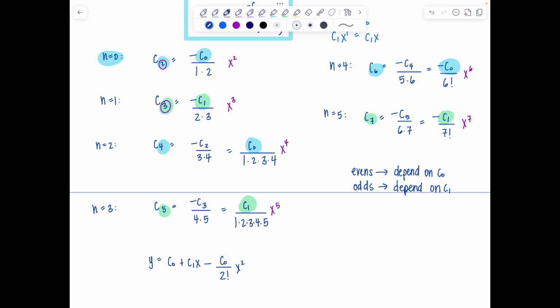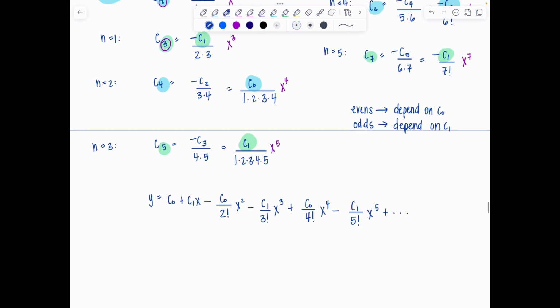Next term would be minus C1 over 3 factorial x cubed plus C0 over 4 factorial x to the 4th minus C1 over 5 factorial x to the 5th plus yada, yada, yada.